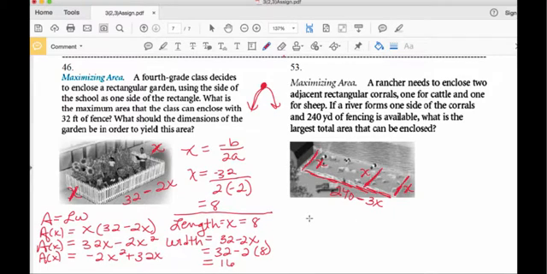And then once again, it's just area. Area is equal to length times width, the area of a rectangle. And if we write it function style, we're going to use the expressions off of our picture. My length is the x shorty side here, and then we'll make the width 240 minus 3x.